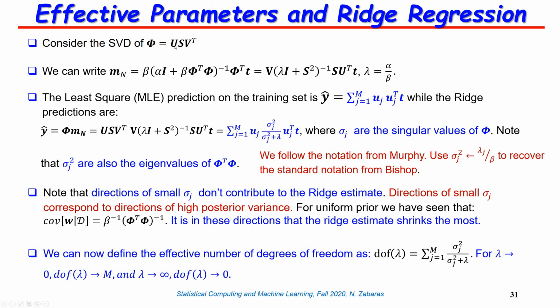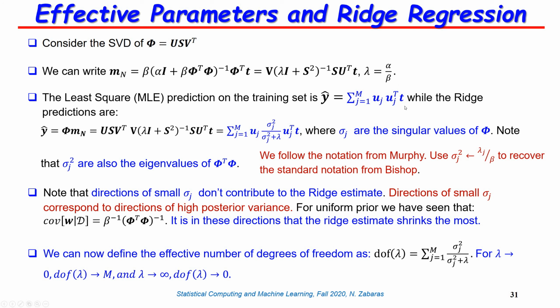These are the columns of U. And then the least squares estimate is given by this expression that you see here. The least squares estimate is nothing else but a projection onto the columns of U. This is my least squares estimate: uj times uj transpose t.